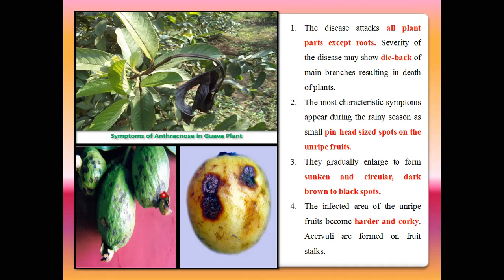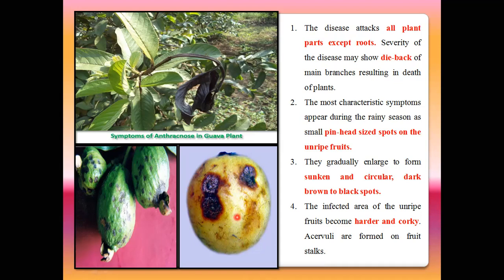On the surface of ripe fruits, there is softening of the tissue, and the lesions are generally 10 to 20 mm in size. This softening tissue generally spreads to the outer surface of the ripe fruits.